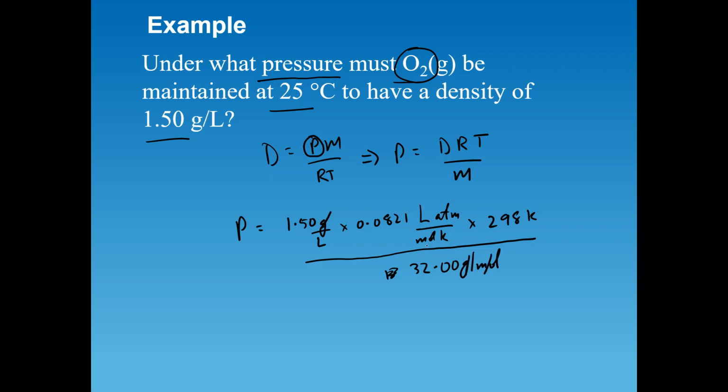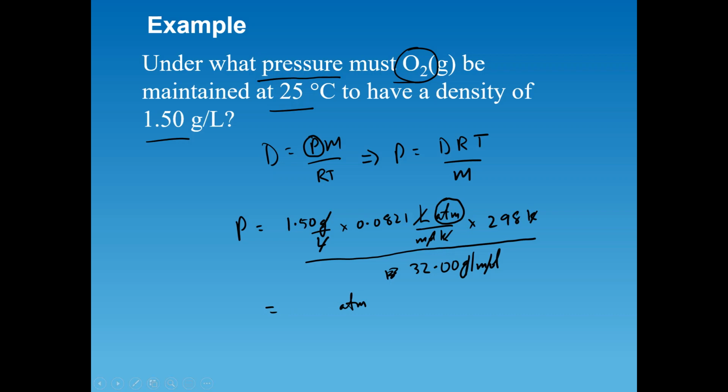And again, we have to do some unit cancellations, as you can see here. The moles will cancel out here. The Kelvin will cancel out here. And what else? The liters will cancel out here. So the only unit remaining will be the atmosphere unit. All right? So down here, I'm going to say the answer will be expressed in atmospheres.